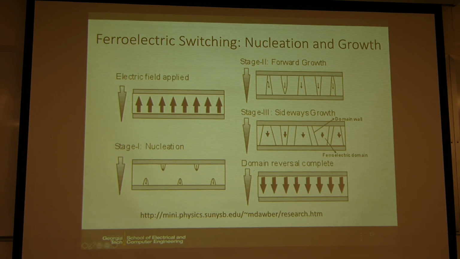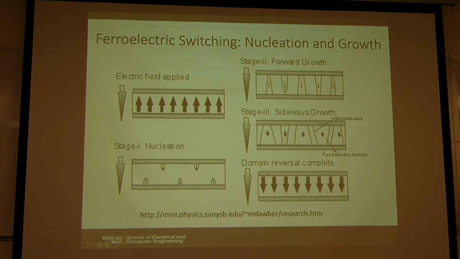Then this domain will grow vertically to reach the bottom and top electrode. After that, it will grow laterally to expand and fill this space. Once the entire space is filled, the switching is complete.